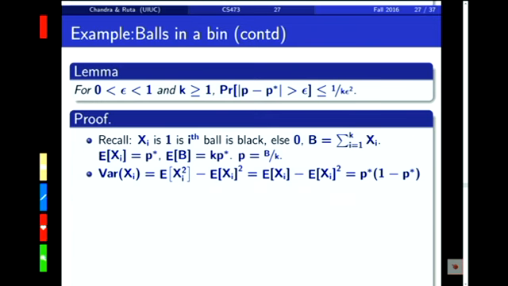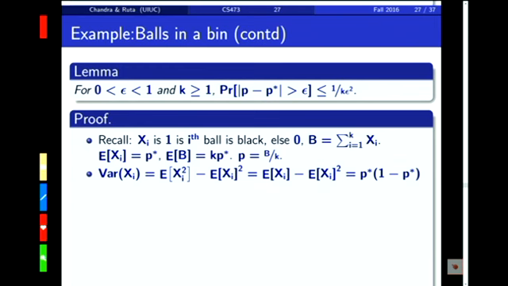What are its possible values? 0 and 1. If I square it, what are its possible values? 0 and 1. Whenever it was 1, it still remains 1. Whenever it was 0, it still remains 0. So the expectation is not going to change. For binary random variables, expectation of xi square is just expectation of xi. And so we get that the variance is p star times 1 minus p star.